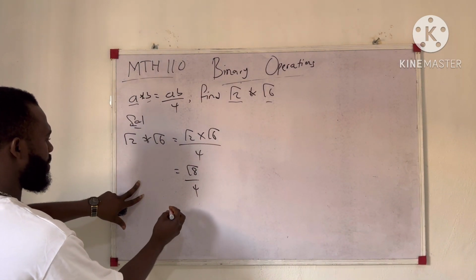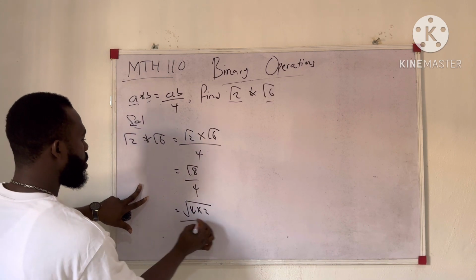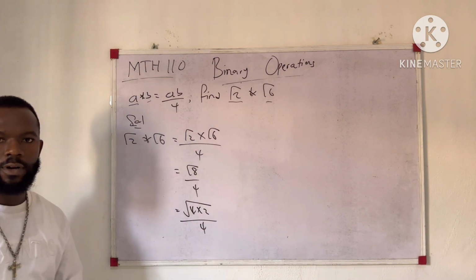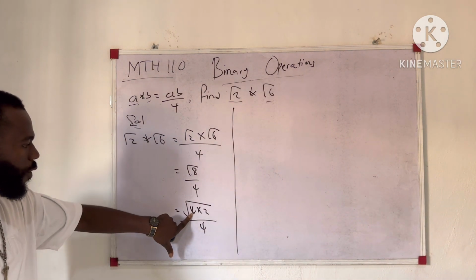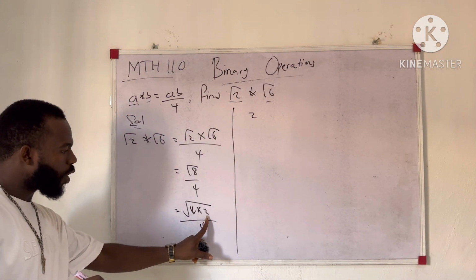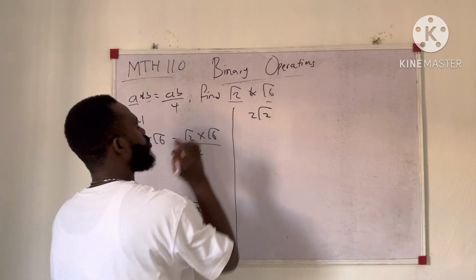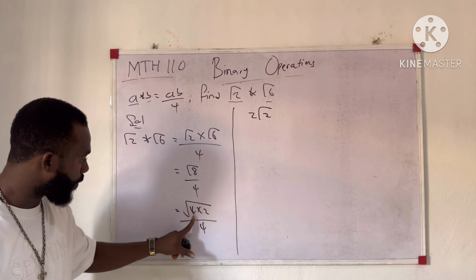So automatically root 8 now becomes root of 4 times 2, all over 4. All right, so what do we do next? The square root of 4 is 2. What do we have left here now? Root 2. You get it? How did I get this 2 outside? The square root of this 4.